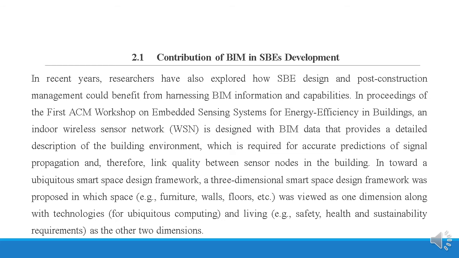In toward a ubiquitous smart space design framework, a three-dimensional smart space design framework was proposed in which space, for example furniture, walls, floor, etc., was viewed as one dimension along with technologies for ubiquitous computing and living, for example safety, health, and sustainability requirement as the other two dimensions.